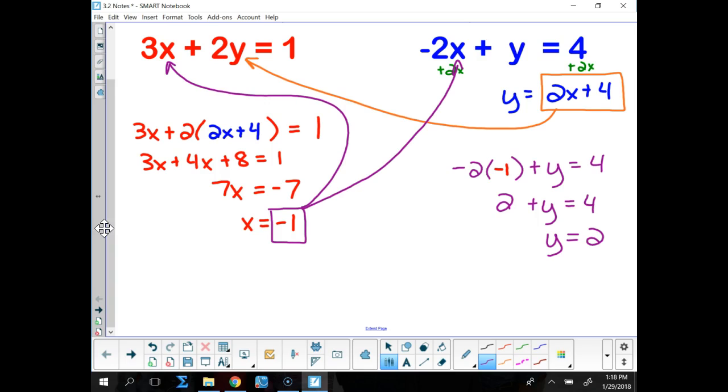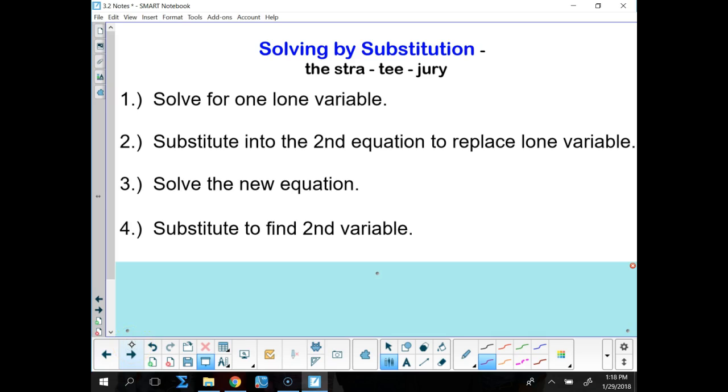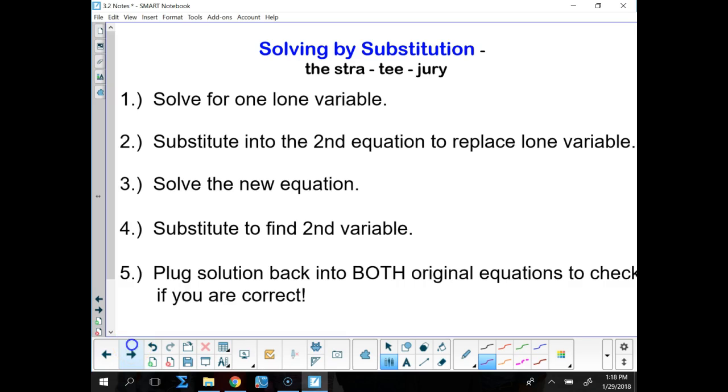Which kind of equations? Because we got a bunch of equations on there, right? Both of the original ones. Yep, I plug them both back into the originals to check, just to make sure that I did my work right. So I'm plugging them both in the equations to check if you are correct or not.